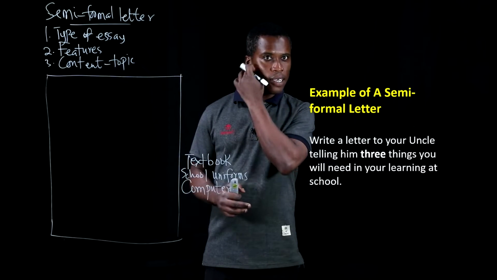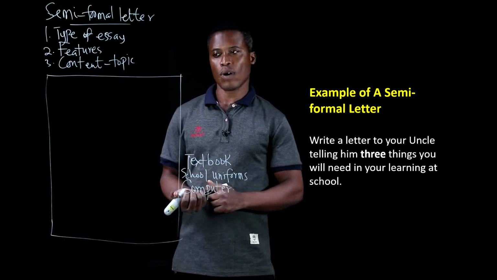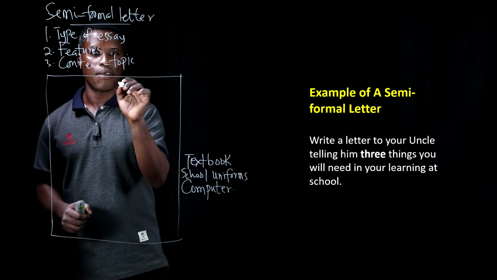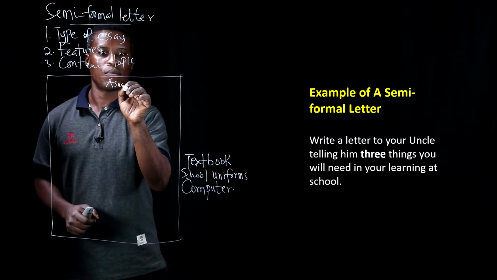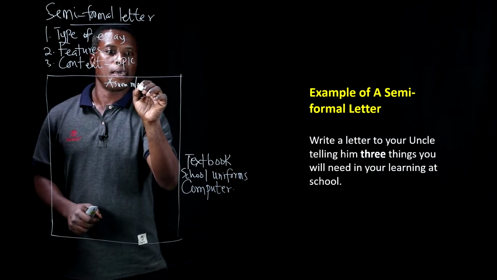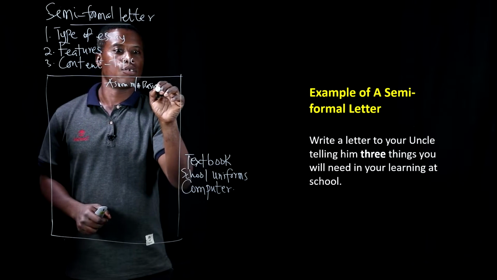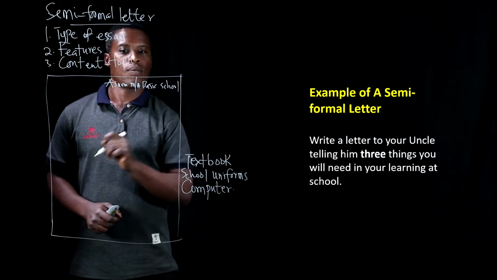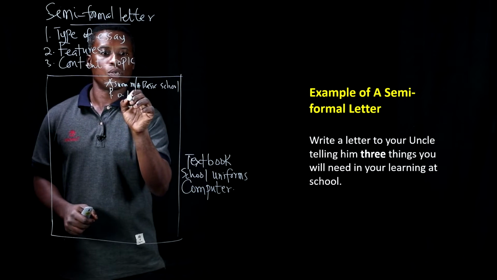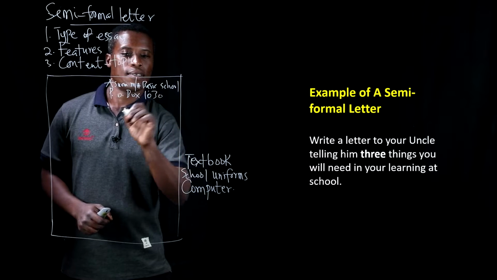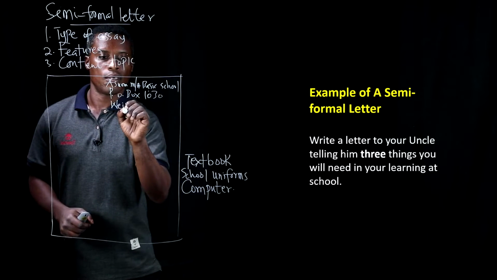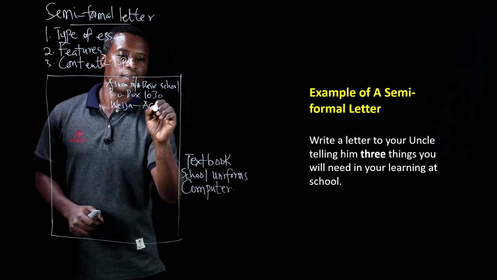Then the next thing is that you go to the page, then you write your address. So this is my address. I can write, assume, MA Basic School, P.O. Box 1030, Wager, Accra.